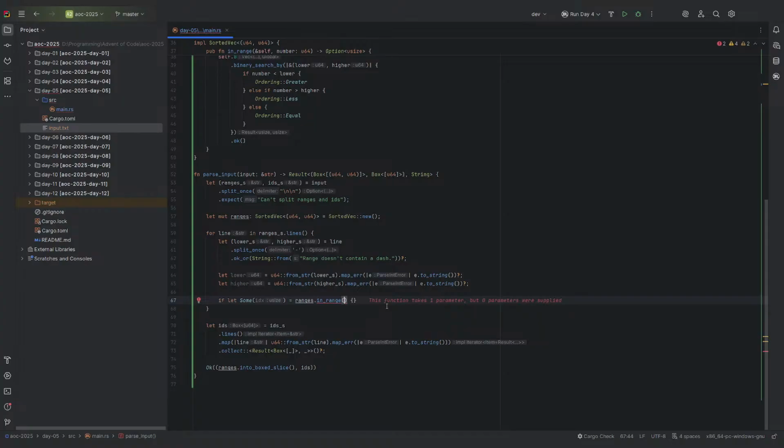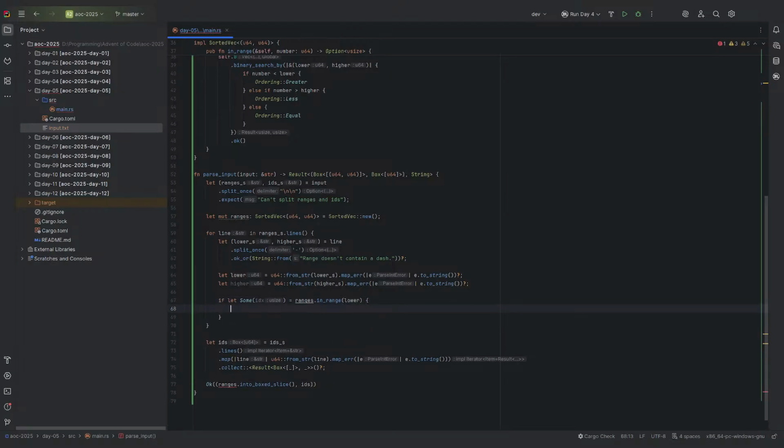This is almost certainly efficient enough. If lower is already in a range, then... if lower is contained in a range, that means there is a range with a lower bound and a potentially higher bound. So we might need to update that range's highest bound.